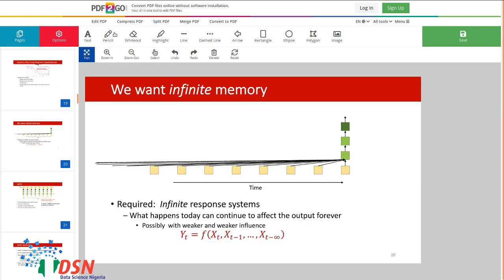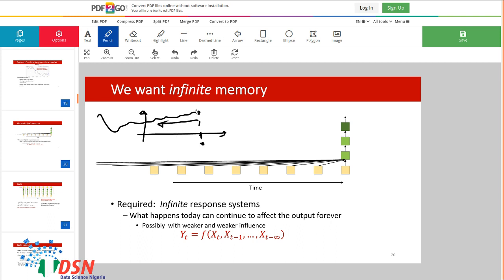In fact, what we want is kind of infinite memory. In that case, we want to consider all of the past to make the current prediction. So when we are in this step and we want to make a prediction, and this is the past, we want the network to consider all of the past to make the prediction for this time step.